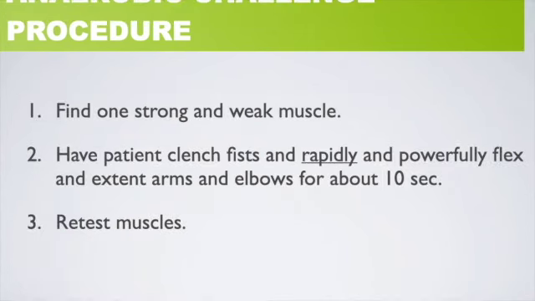Likewise with anaerobic challenge, we find a strong and a weak muscle. We have the patient clench their fists and then rapidly, powerfully flex and extend their arms and elbows like they're boxing for about 10 seconds. Fast twitch fibers, working them in a fast twitch way. We retest the muscles.